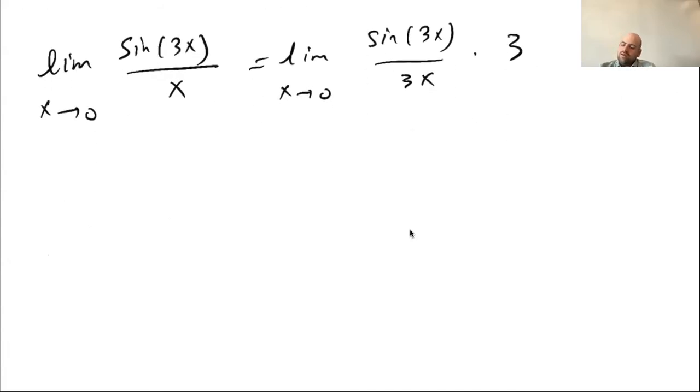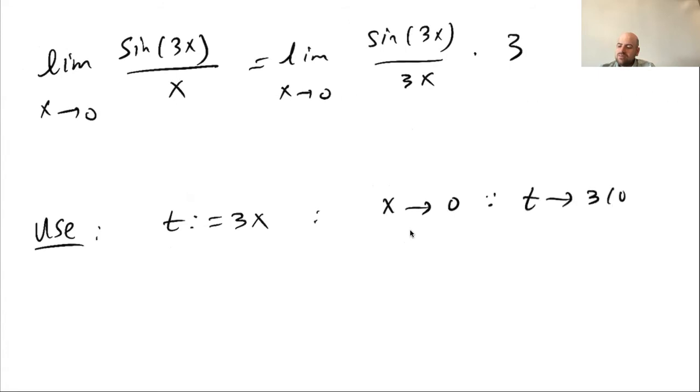So now I replace 3x with t, so use t equals 3x. Again, remember, when you want to use substitution, converting from x to t, everything must be switched to t. Here I have x approaches 0, so I can conclude that t approaches 3 times 0, which is also 0. t is 3x, so if x approaches 0, t approaches 3 times 0, which is 0.